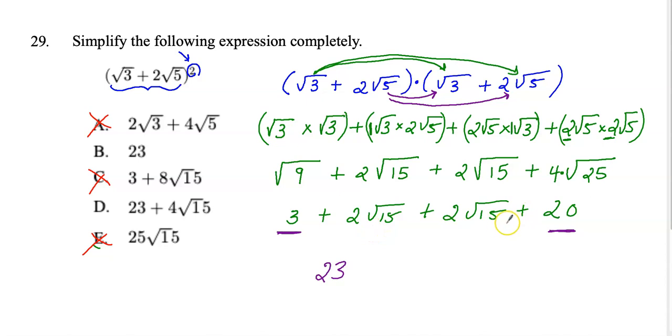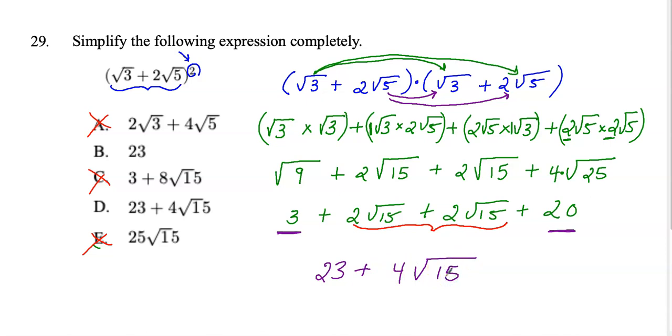Look at this piece here, if you notice, right here. Read it this way: 2 square root 15s plus 2 square root 15s. How many total square root 15s do I have? I have 4. I have 4 square root 15s.